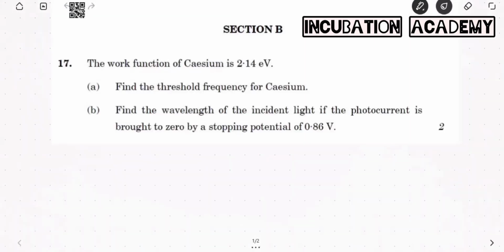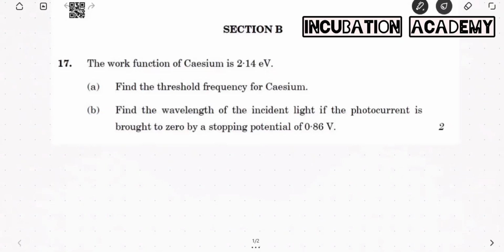What is said? Find the threshold frequency for cesium. I repeatedly said, and again I am saying, each and every metal has a particular value of the work function. It is the characteristic property of the metal. Here it is said for cesium. So cesium has the work function 2.14 electron volt.